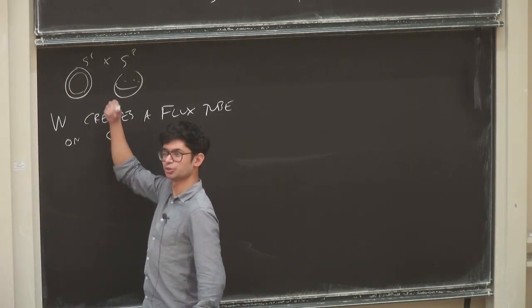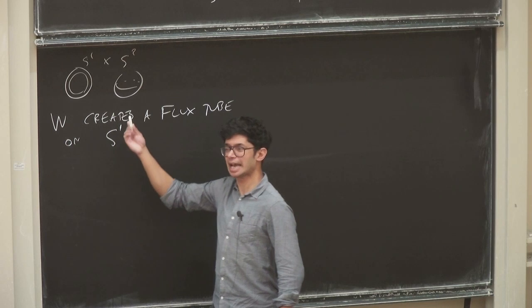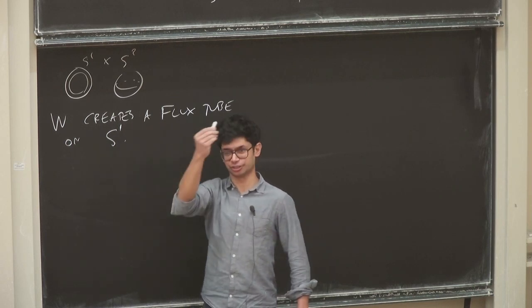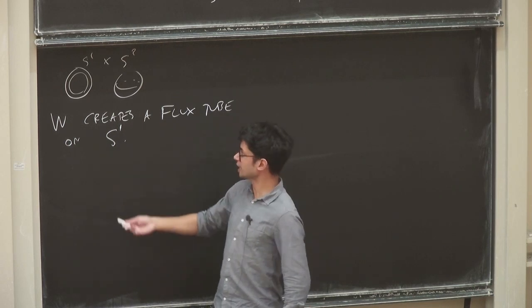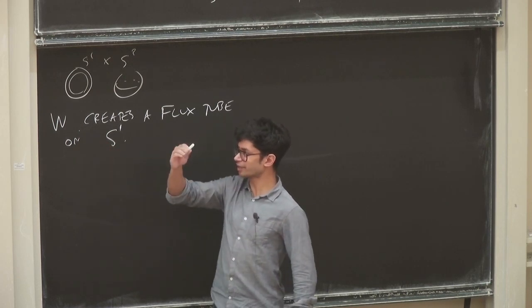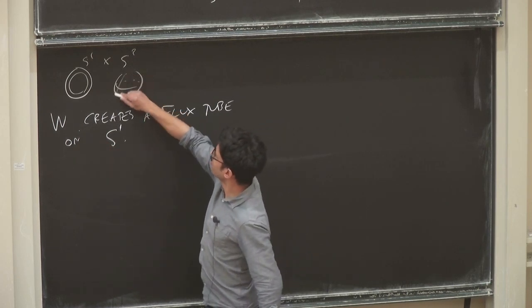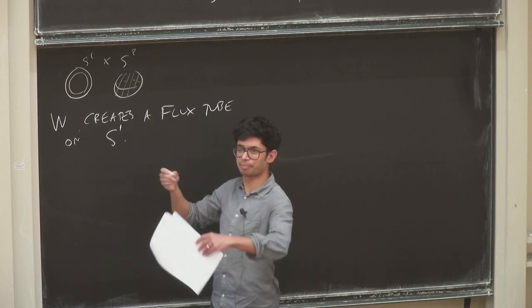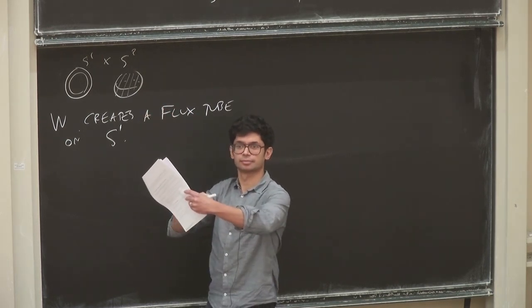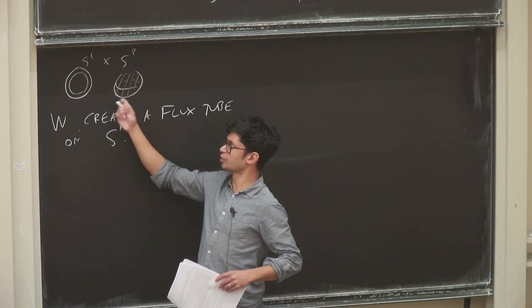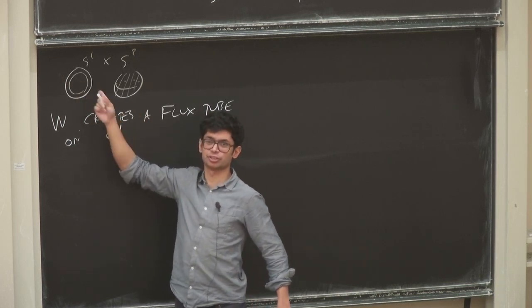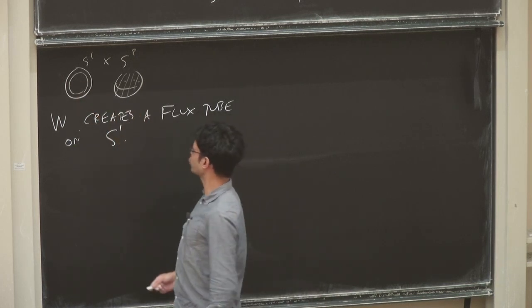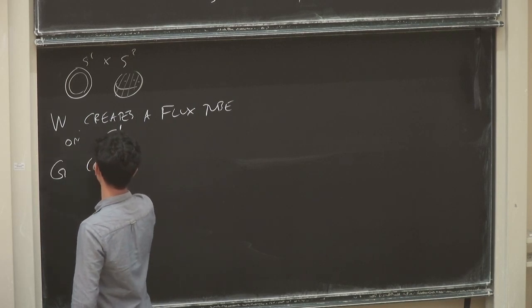So we can have 1, 2, 3, 4, but then when we hit capital N, it becomes trivial again, and then they all vanish. Okay? So that's what W is doing. W creates a flux tube, and G measures the number of flux tubes that are piercing this thing, which, if you look at the geometry, is the same as the number of flux tubes on S1. So W creates a flux tube, and G counts them.